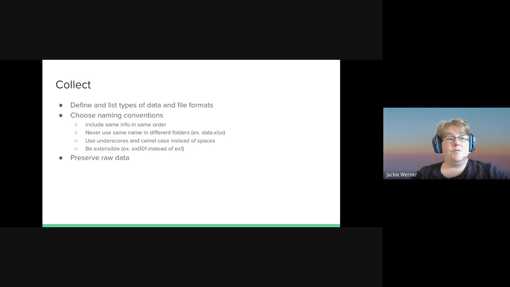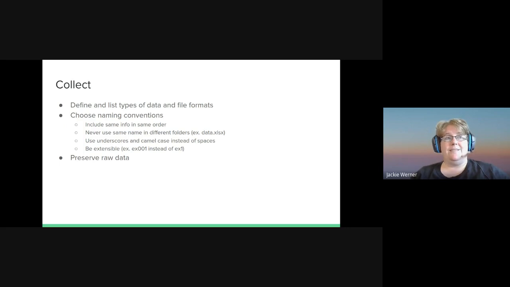And some of the guidelines for naming your files include the same information in the same order. Never use the same name in different folders. I'm sure we've all been guilty of this, naming a file like data.xlsx and just knowing which it is because it's in the folder of your project.